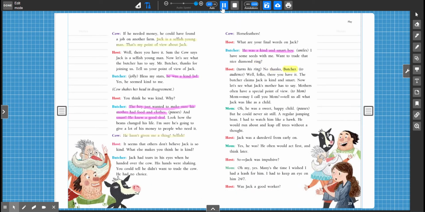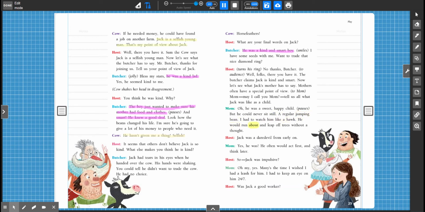No thanks, Butcher. Well, folks, there you have it. The butcher claims Jack is kind and smart. Now let's see what Jack's mother has to say. Mothers often have a special point of view. Mom, may I call you Mom? Tell us all what Jack was like as a child. Oh, he was a sweet, happy child, but he could never sit still. A regular jumping bean. I had to watch him like a hawk.